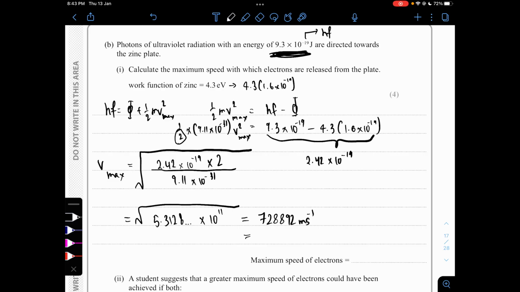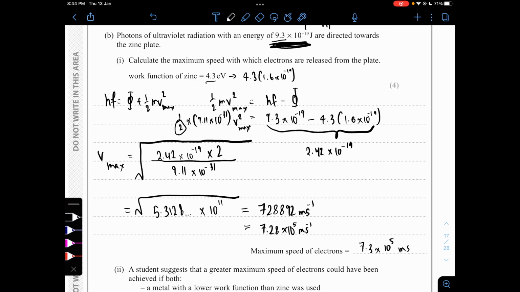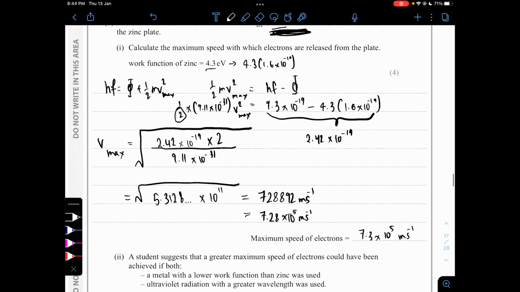But let's convert this into index form. So that's just 7.28 times 10 to the power of 5 meters per second. Should we round it? Yes, you can see over here all to one decimal place. So let's round it to 7.3 times 10 to the power of 5 meters per second. That's our final answer.